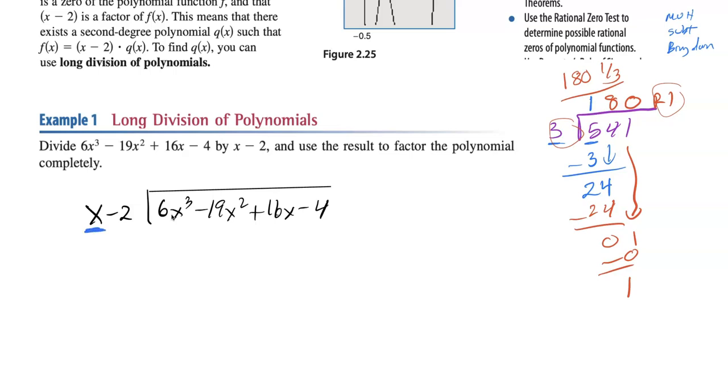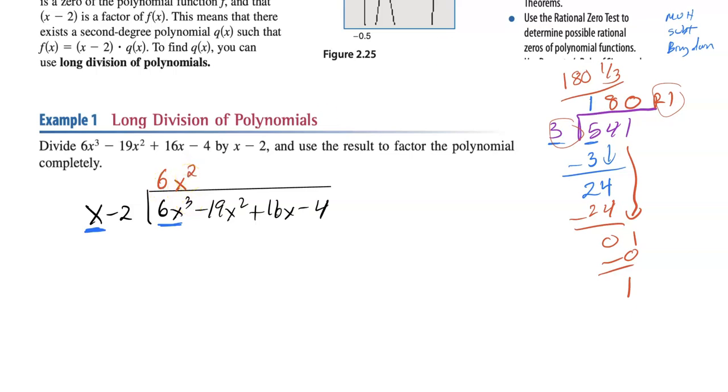You look at the first term only and this term right there. I don't care about the other terms at all. You just care about the first term. What do you multiply x by to get 6x cubed? It's 6x squared. It's an x, it needs a 6, and two more x's to get x cubed, so 6x squared.